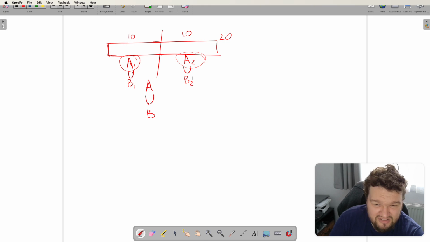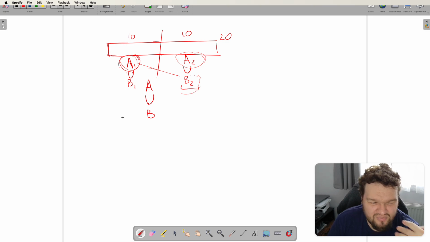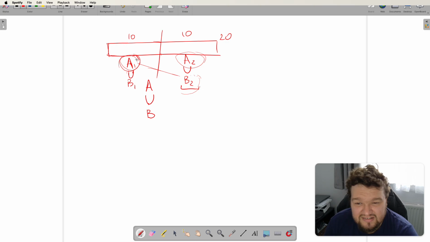So for a query, I will iterate over submasks in the right part. But then I need to know the product over all the masks B that in the right part are exactly this, but in the left part are a submask of this. Well, okay, let's just store that. So for a mask that on the left part is A1 and on the right part is B2, I want to store the product over all numbers whose right part is exactly B2 and whose left part is a submask, B1.